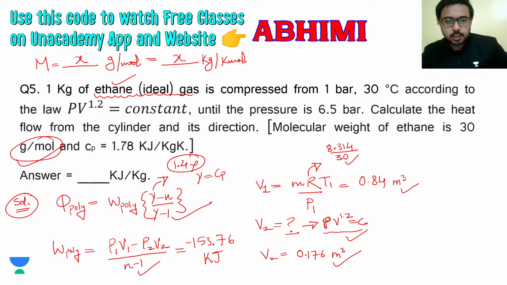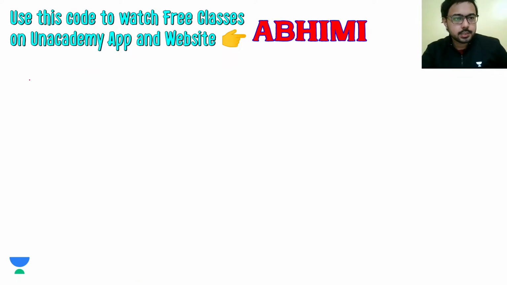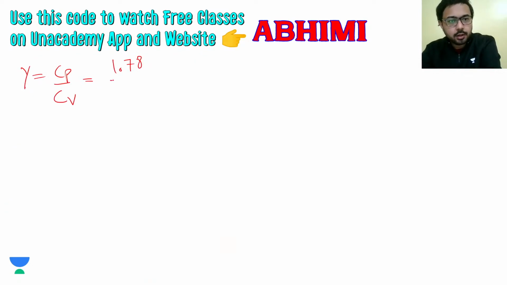Gamma is the ratio of specific heats at constant pressure and constant volume, and specific heat at constant pressure is given in the question as 1.78, and Cv will be 1.78 minus R. What is R? It is 8.314 divided by 30.